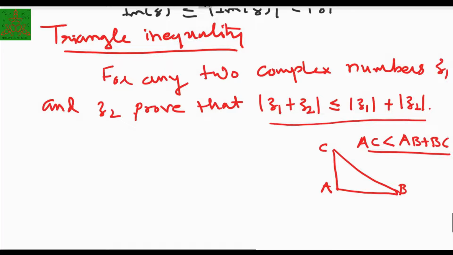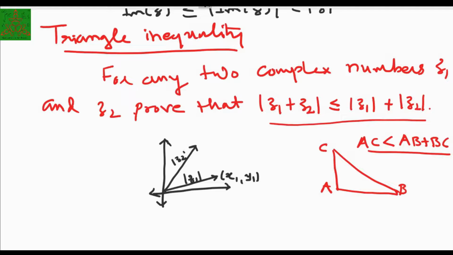If you can see, what is the mod z1? Geometrically, the mod z1 is this distance from the origin. If this point is x1, y1, the mod z2 will be this one. If this point is x2, y2, then we write down the same length as z2 here, and z1 plus z2 will be this.